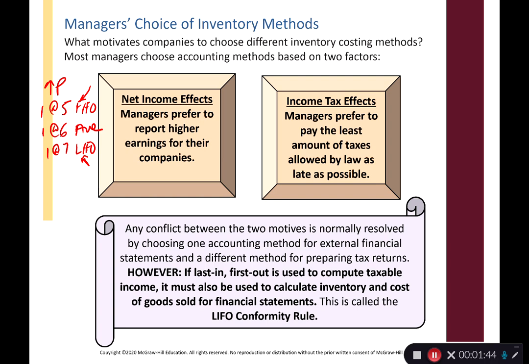So if you want to show high income for the shareholders on your financial statements using FIFO, you have to use FIFO for tax purposes. If you use LIFO for tax purposes, then you can use LIFO for book purposes as well. But you can't use one for book and one for tax. The IRS doesn't allow that.